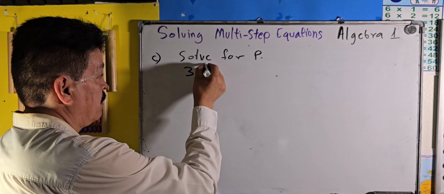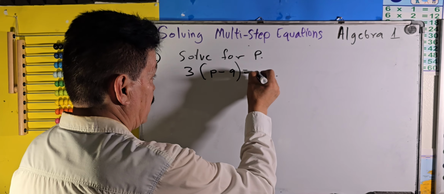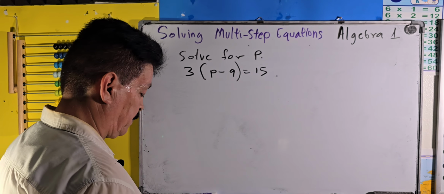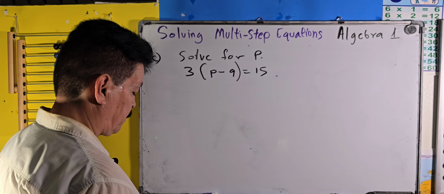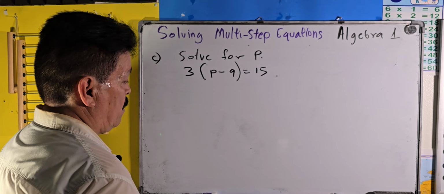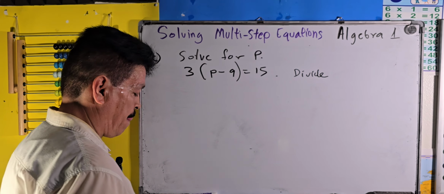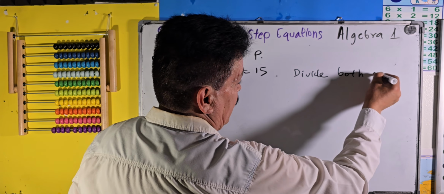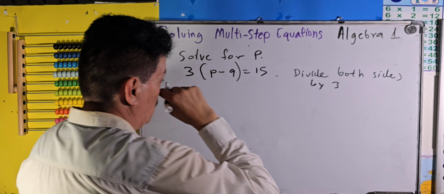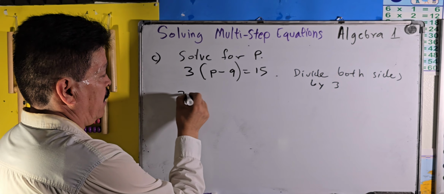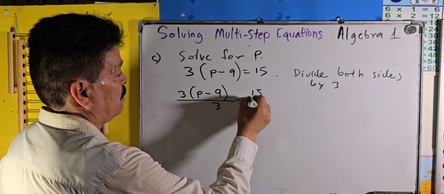So we have 3 times (p minus 9) equals 15. Now the first step: divide both sides by 3. 3 times (p minus 9) divided by 3 equals 15 divided by 3.